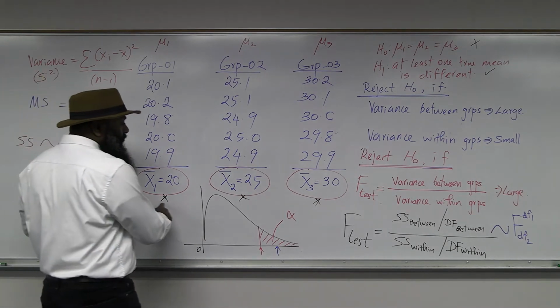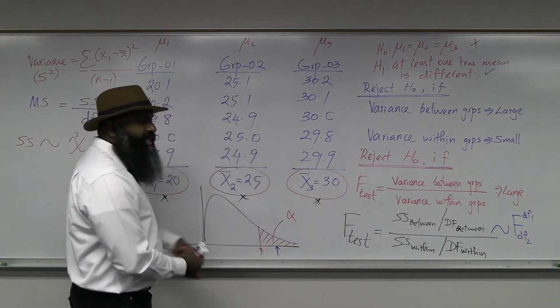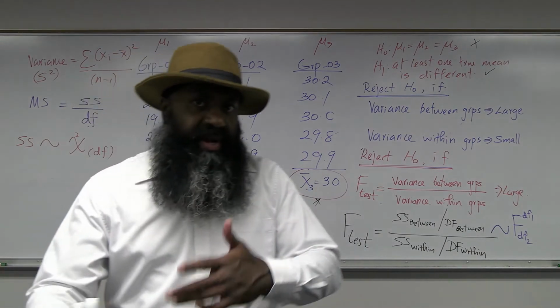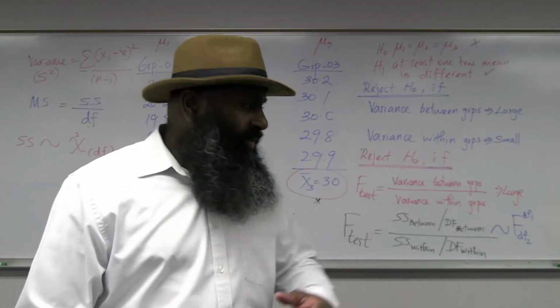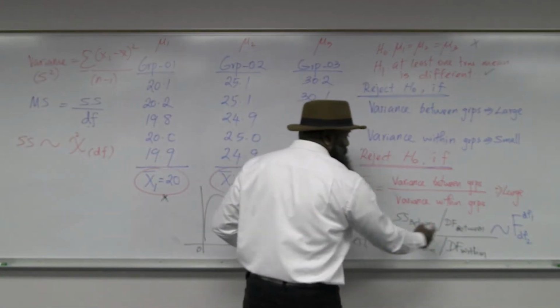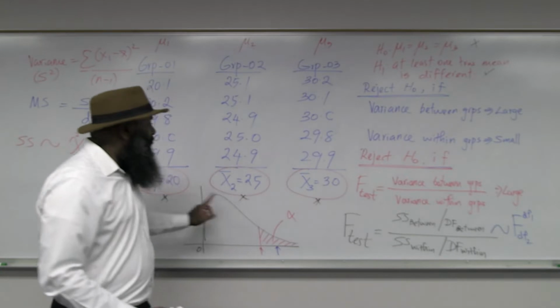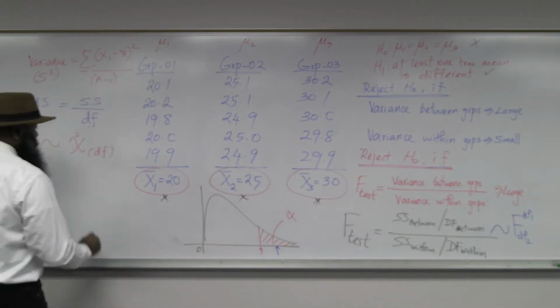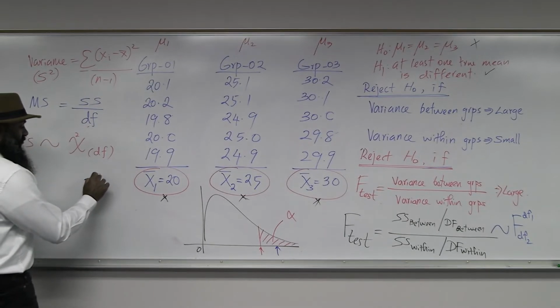So, what should be degrees of freedom between groups for this example? I have just three groups. Degrees of freedom is always defined as n minus 1. Therefore, for this example, df1, degrees of freedom between groups, should be 3 minus 1, which is equal to 2. So we figured out the numerator degrees of freedom for this example, which is 2.